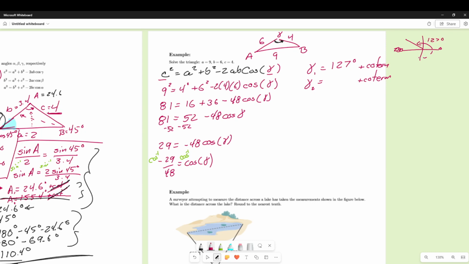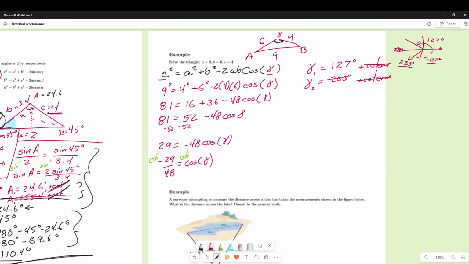And cosine's other answer will be down here in quadrant 3, either negative 127 degrees or 233 degrees. And neither of those can exist inside a triangle. So not only do we ignore the coterminals, we get to ignore that second answer. And this is always the case with law of cosines.